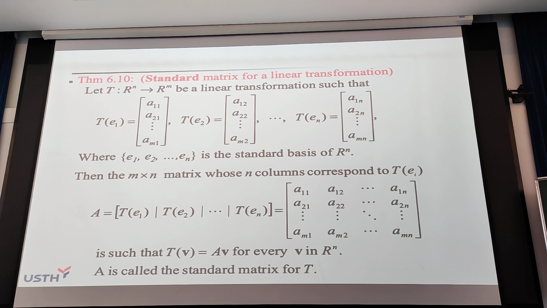So now you know what a standard matrix for a linear transformation is. The definition is here, and in the next few slides, we are going to define a matrix of a linear transformation for any vector space, not only in Rn, not only in standard basis. That is something we are going to do later on, not right now.